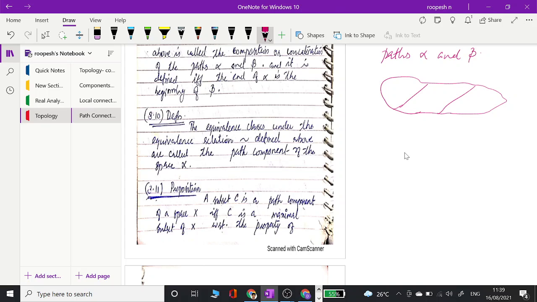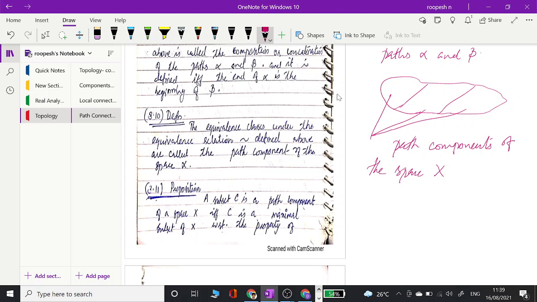The equivalence classes under the equivalence relation of being path connected are called the path components of the space X. So we have seen that path connectedness is an equivalence relation, and using that equivalence relation we can partition our entire space into path components. So these are my path components.